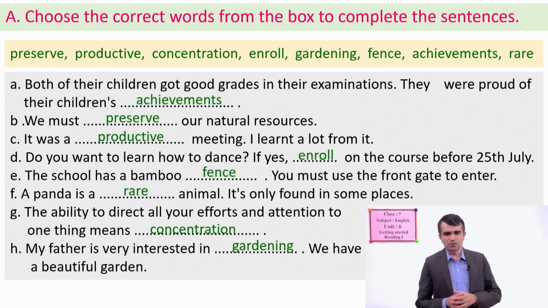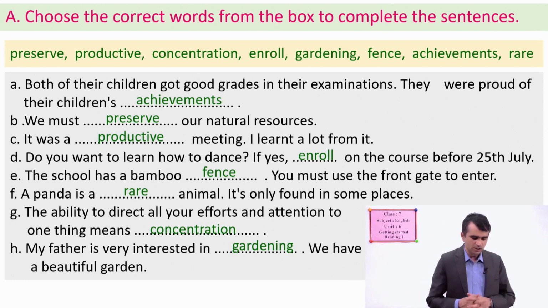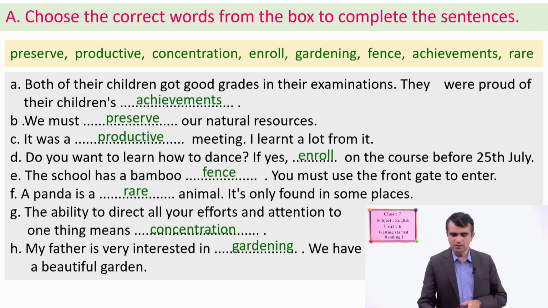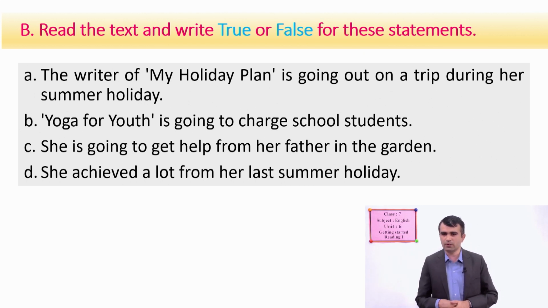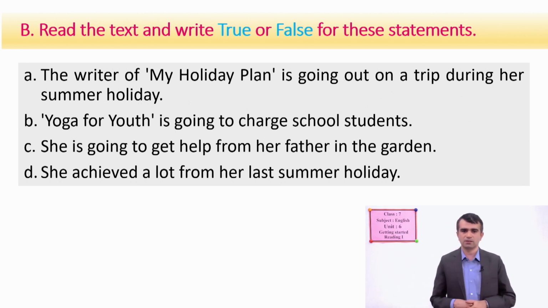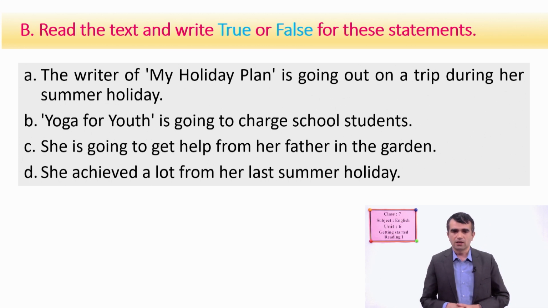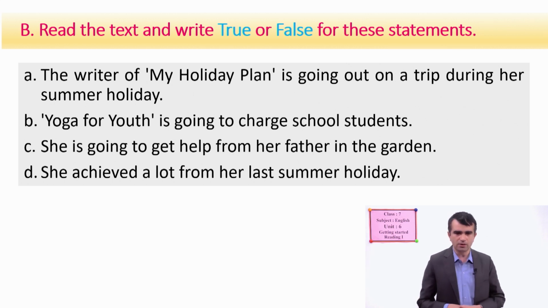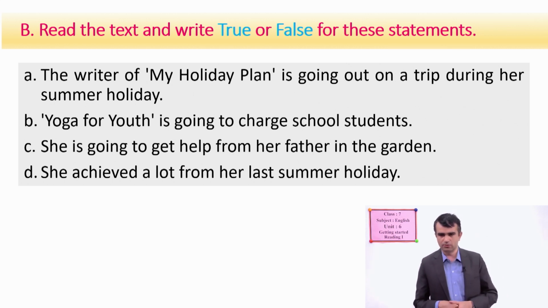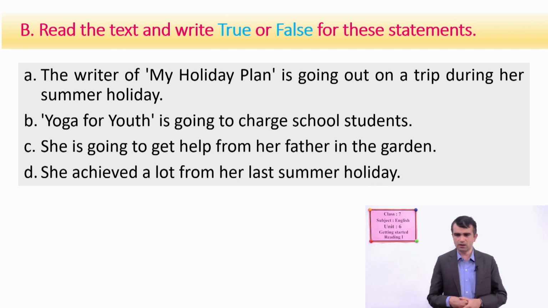Now let's move on to another exercise, that is true false. Is it? Okay, exercise B. Read the text and write true or false for these statements. Now first one, the writer of My Holiday Plan is going out on a trip during her summer holiday. Right or wrong? Is she going on a trip?